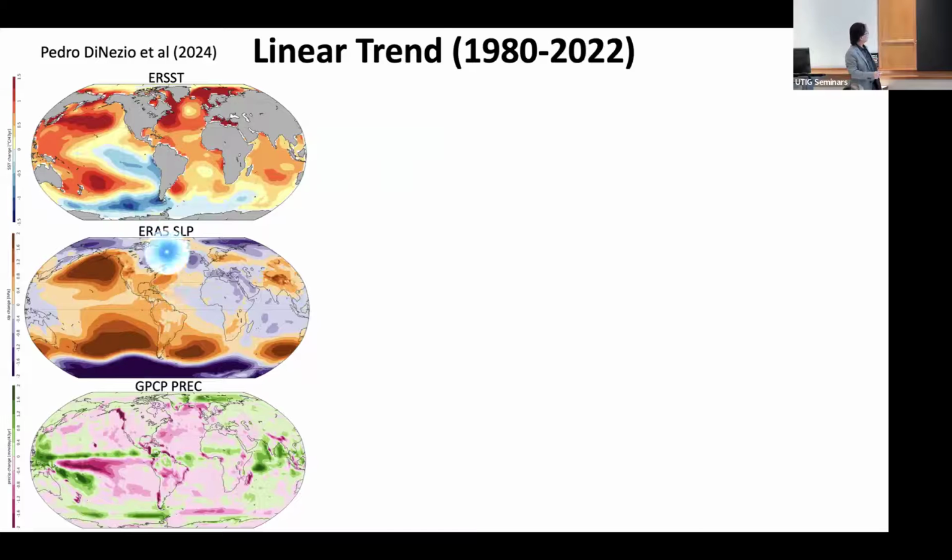And this is the corresponding sea level pressure trend derived from ERA5. And this is the trend in the observed precipitation from the GPCP precipitation data set. You can see a very interesting dipole structure in the Southern Ocean in the SPCZ region, right? So there's a poleward expansion of the precipitation.